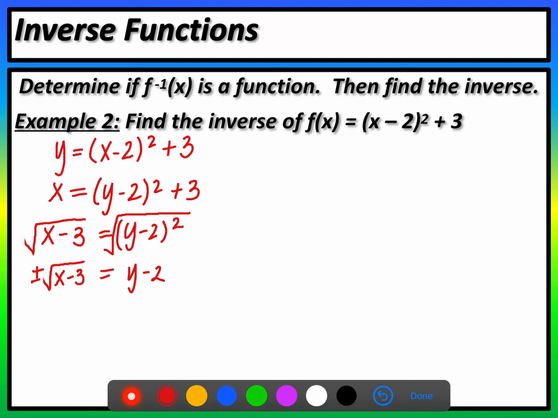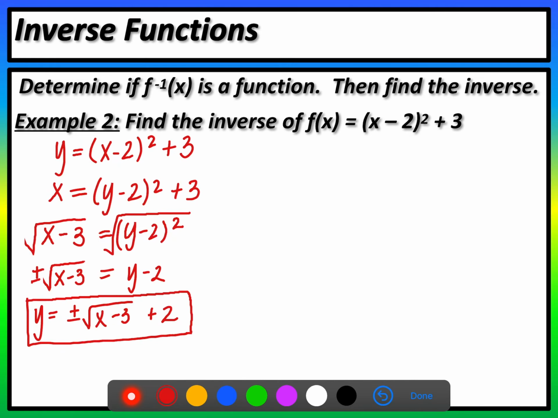When I finish solving and I add 2 to the other side, it's now outside the square root. Again, this one is not a function because the original was a parabola and it wasn't one-to-one. So that's the difference on solving the two different equations. They're both quadratic, they're just in different forms.